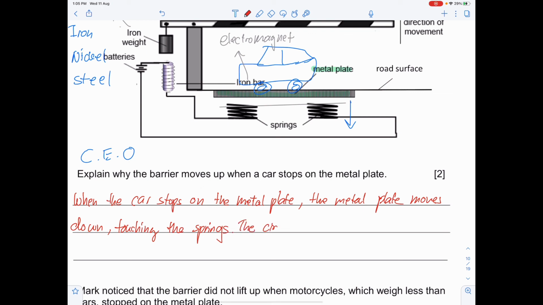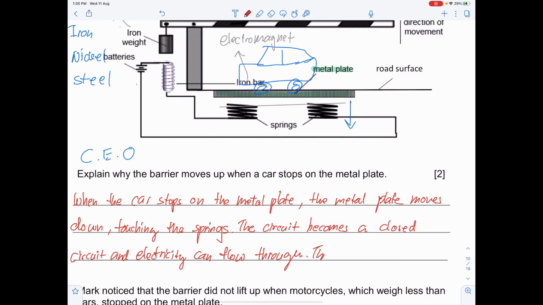The circuit becomes a closed circuit and electricity can flow through. So what happens once it can flow through?